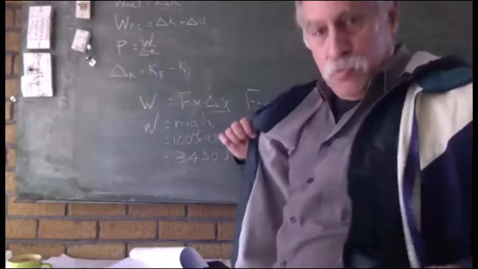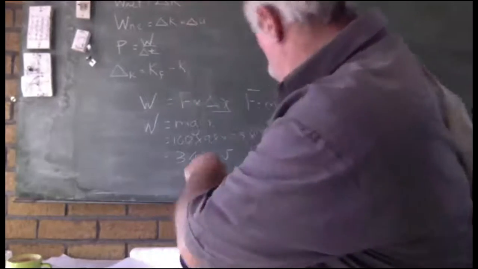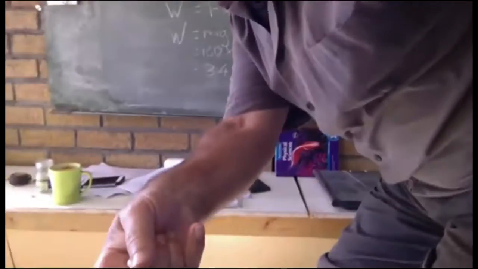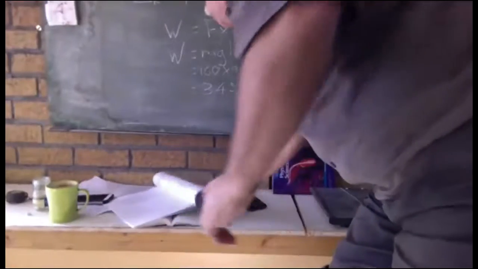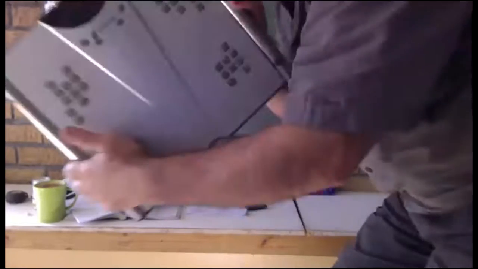And then what we got the kids to do as well was to do press-ups. How do you do a press-up? You get a bathroom scale and you switch it on.